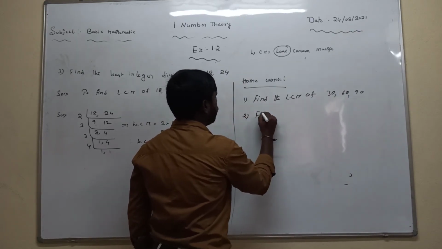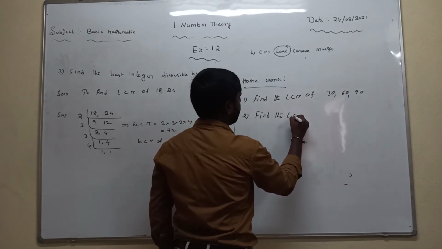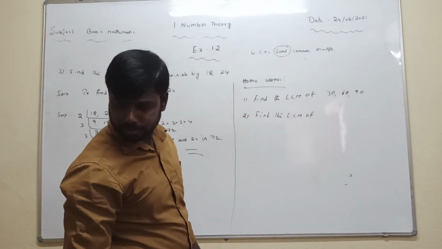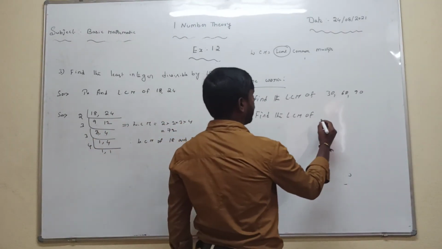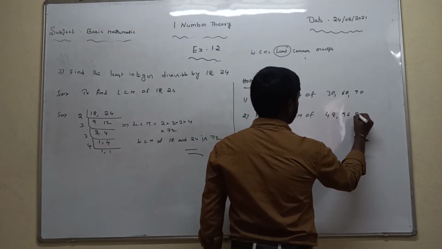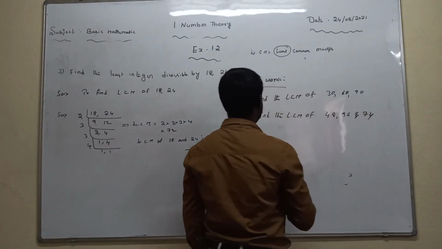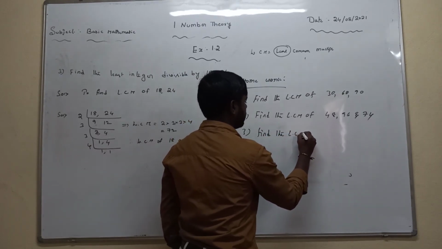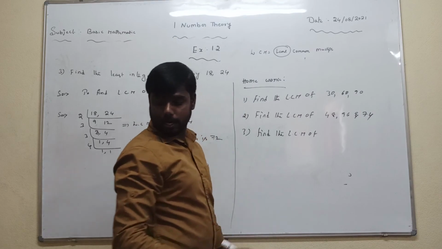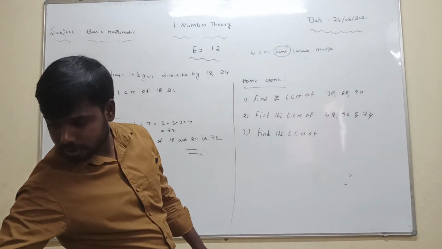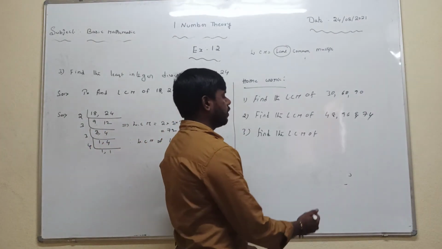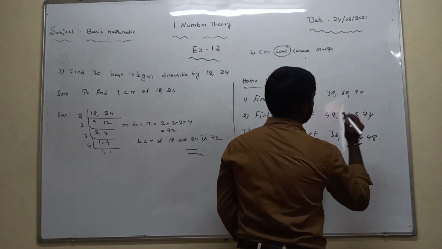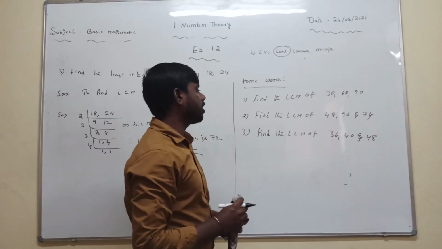Second question: find the LCM of 48 comma 96 comma and 74. Next, find the LCM of 36 comma 40 and 48. So you can try these three homework problems.